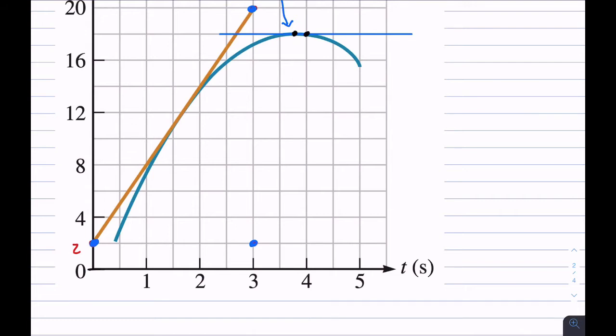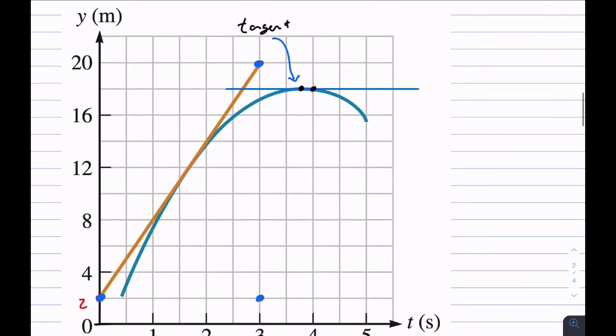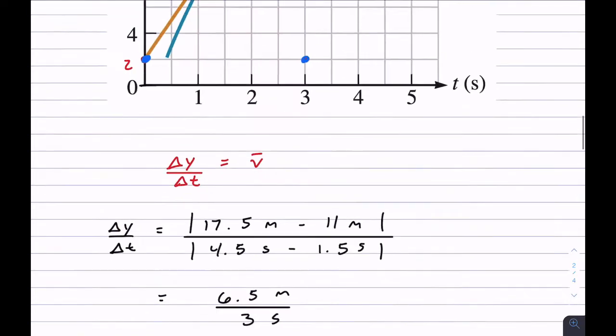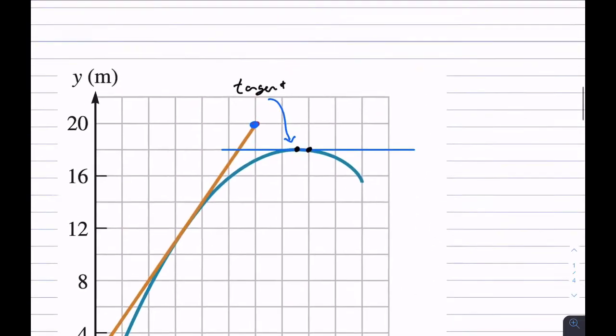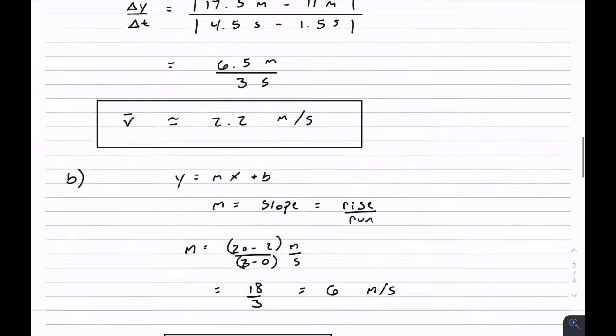Yep, I'm going to go with 3.75 as really my answer. That's what I would say, and I would argue for that. That's when the tangent is equal to 0.